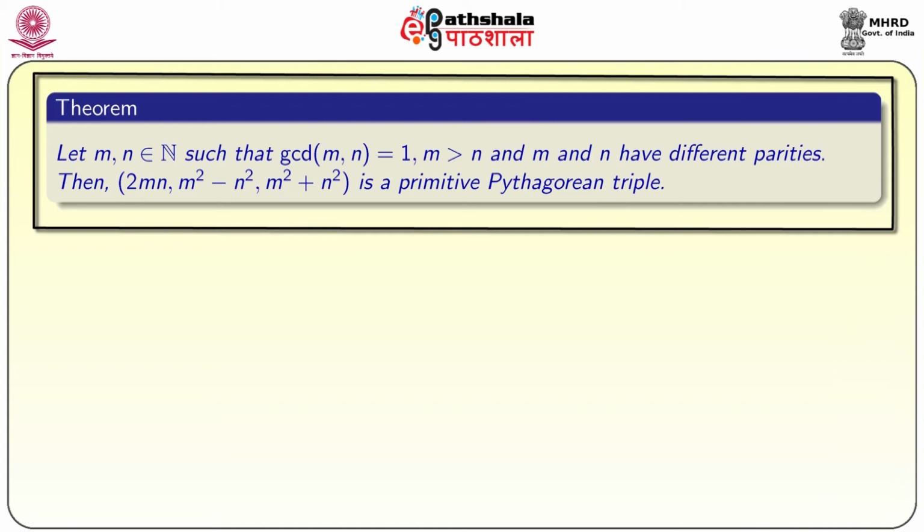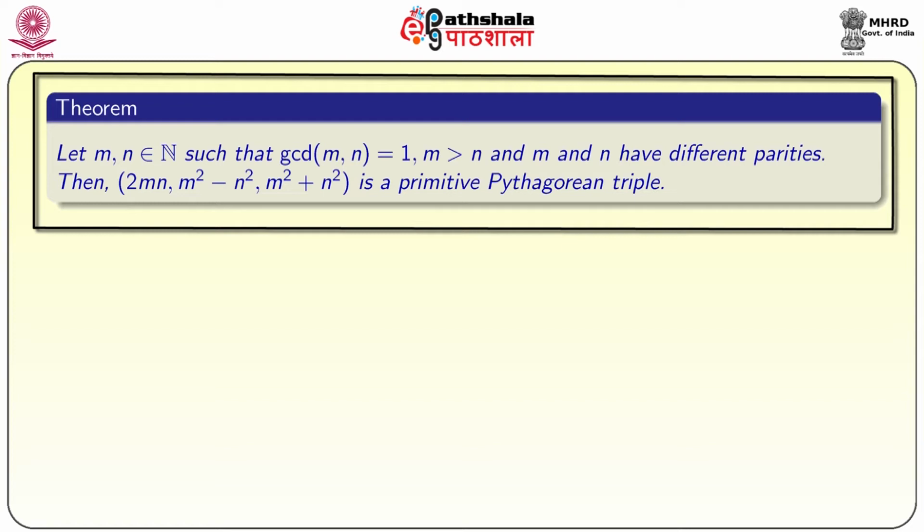So, we proved one direction. In the previous result what we proved is, if we have a primitive Pythagoras triple, then that primitive Pythagoras triple can be derived from two integers m and n. Those m and n satisfy some conditions where m is greater than n, m and n have different parity and GCD of m, n equal to 1, and x, y, z is given as x equal to 2mn, y equal to m square minus n square and z equal to m square plus n square.